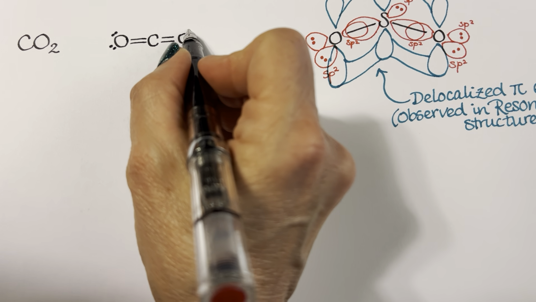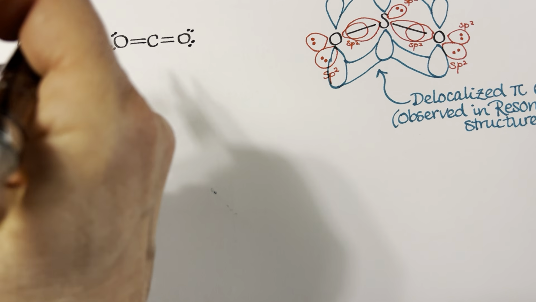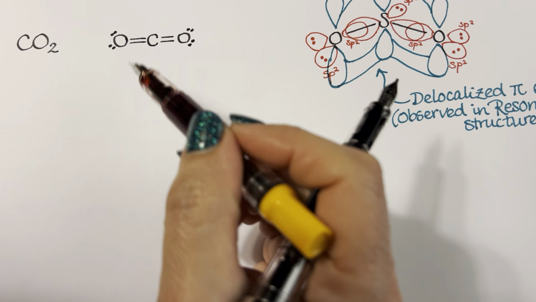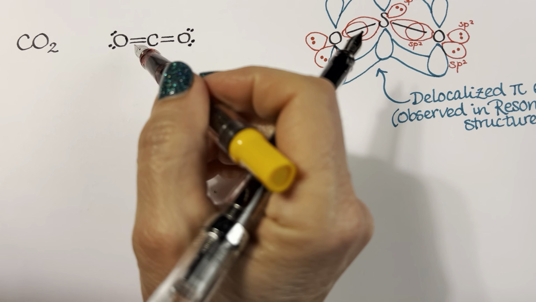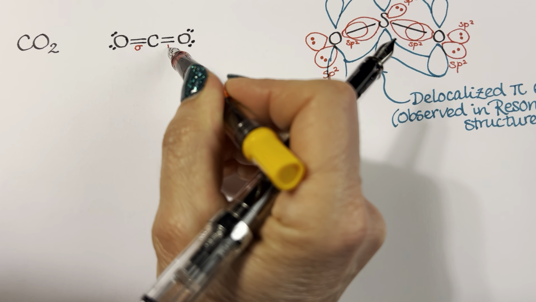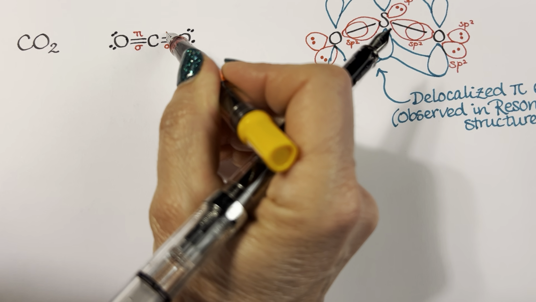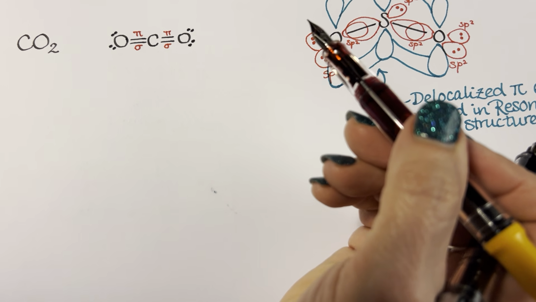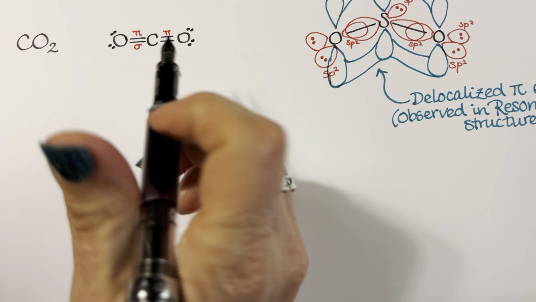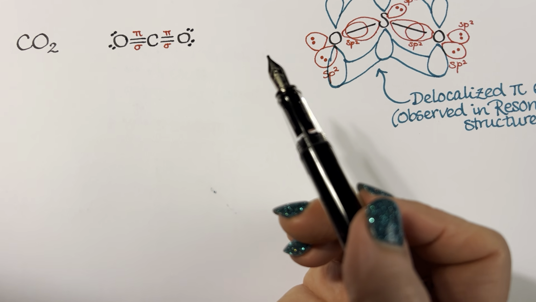Each of those has 2 lone pairs. So if we look at this carbon, which has its octet, no problem, but it's got sigma bond and pi bond, okay? So, looks like this carbon needs to be sp hybridized, okay?